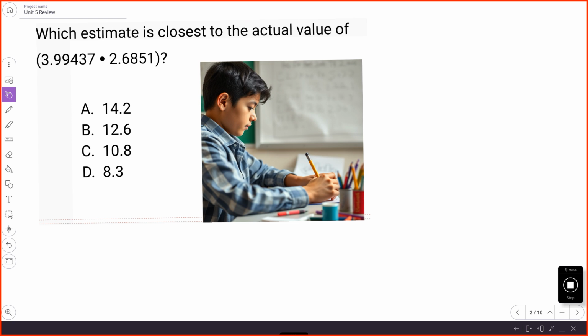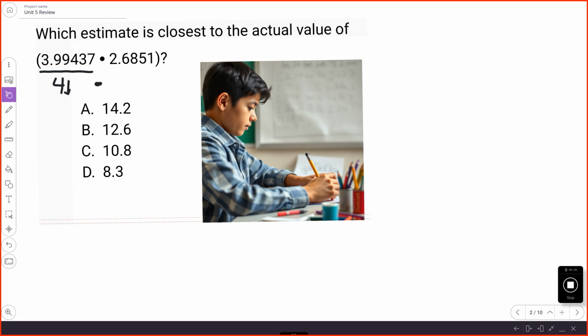All right, so let's look at the first number. What number is this closest to? It's close to 4, but it's less than 4, right? So I'm going to put a little arrow that says it's less than 4. Okay, and it's multiplied by a number that is what? It's close to 3. Is it actually 3, less, or more than 3?